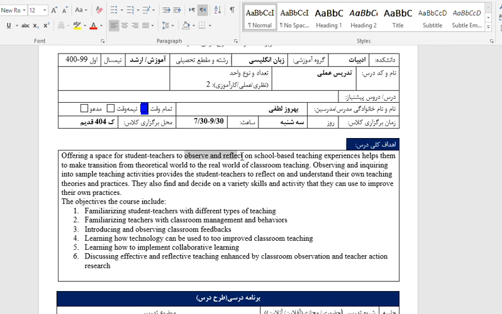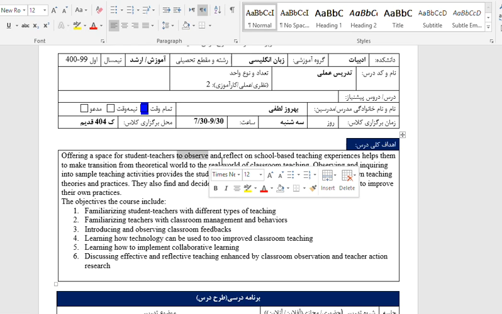So your purpose here is to have space to observe and reflect. So, observe what? You observe the popular teaching practices, you see successful teaching practices or common teaching practices. The purpose here is not to study some theoretical points or some theoretical ideas on language teaching, that this should be done this way and that should be done that way.